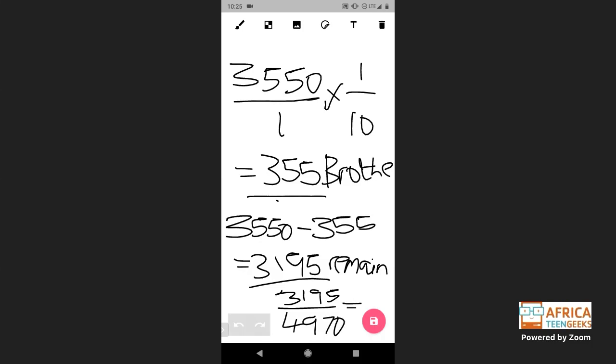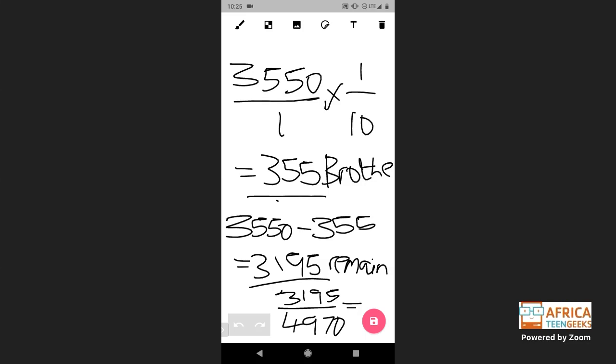So this is his fraction at this moment. He is left with 3,195 over the original amount of the sheep, the original amount which was 4,970.